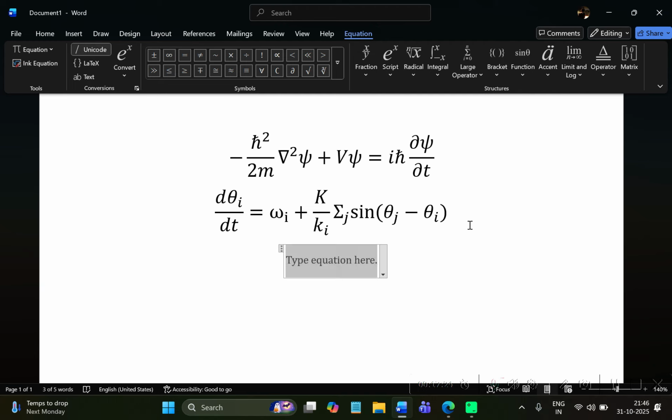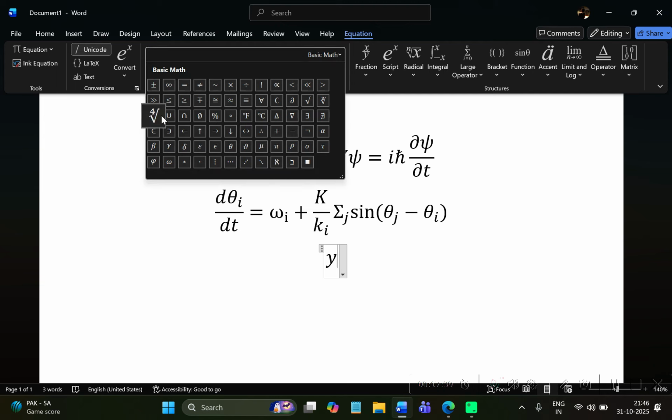Let's say you want to write proportionality. Let's say you want to write y proportional to x. So instead of searching for the proportional symbol, I'm sure you'll find the symbol somewhere here, but you don't need to actually.